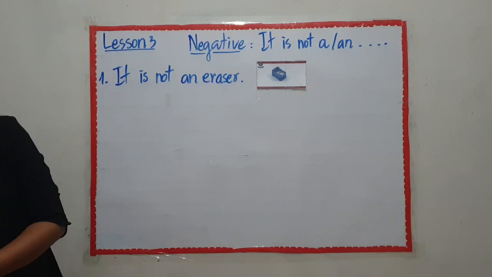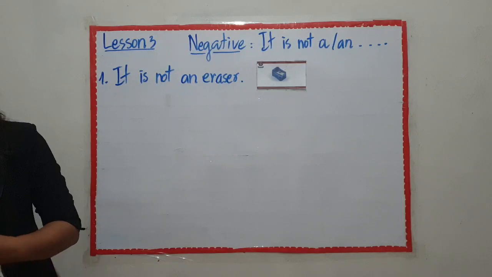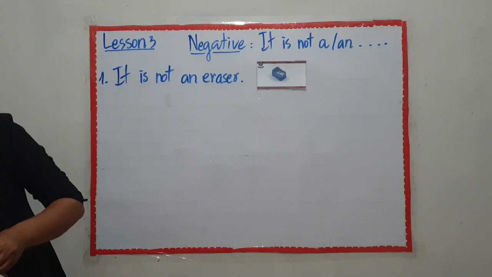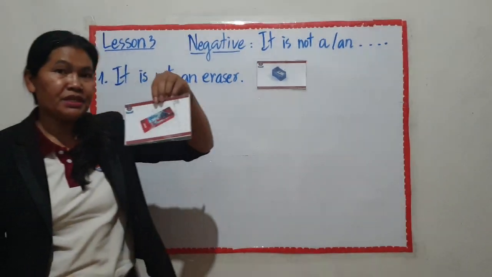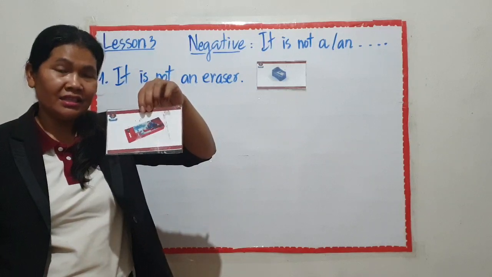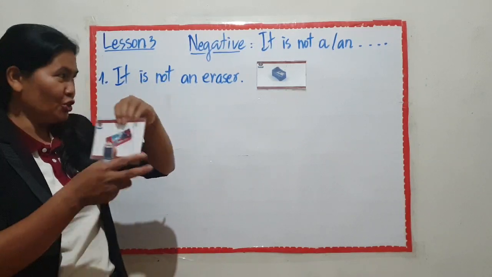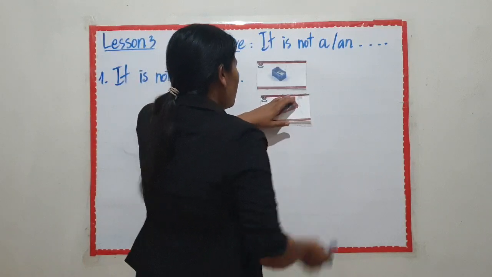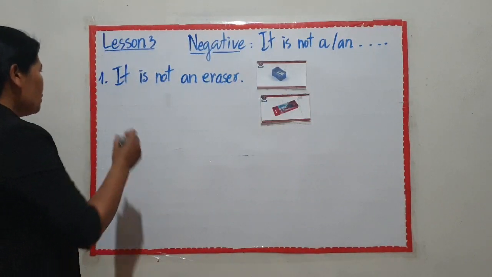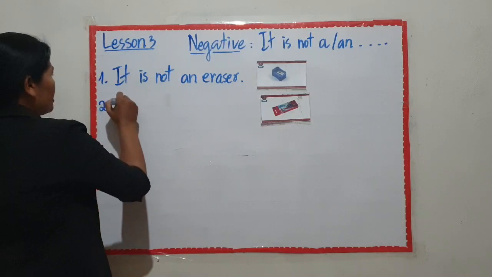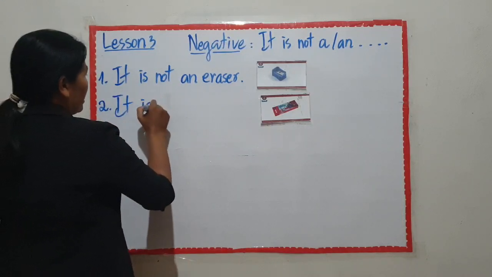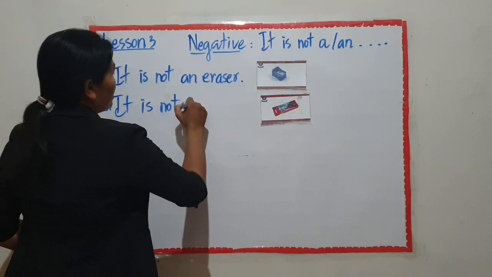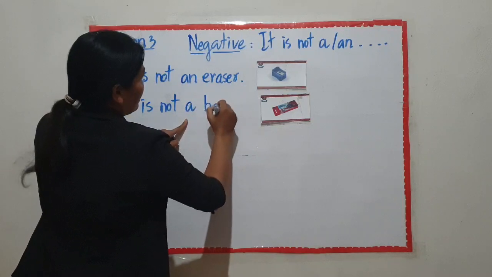Teacher gonna ask you this. Look at this picture. What is it? Yeah, it's a pencil case. You know what it is. So good. If teacher wants to make it negative, it is not a bag, right?